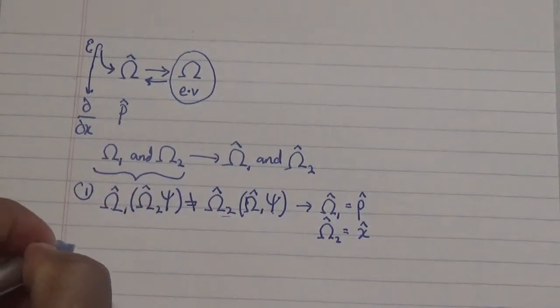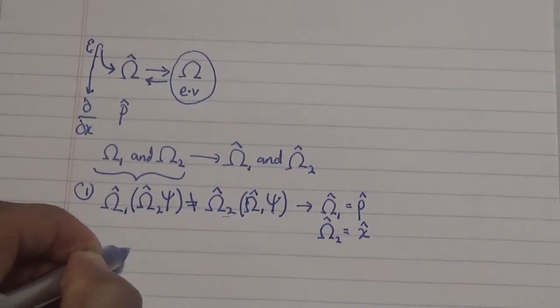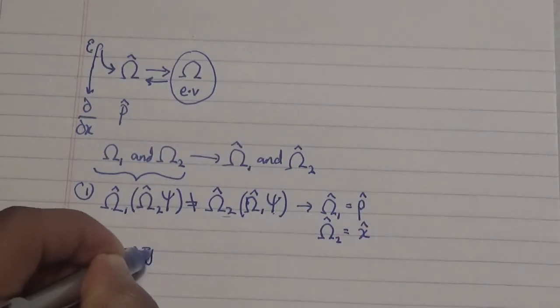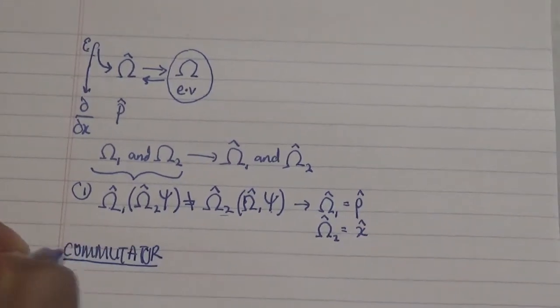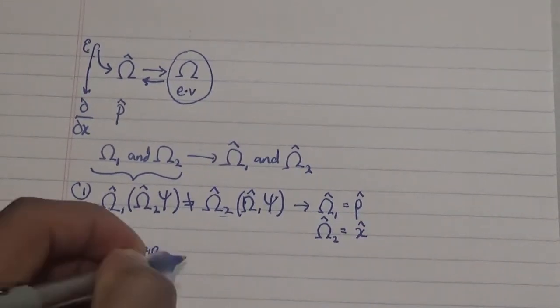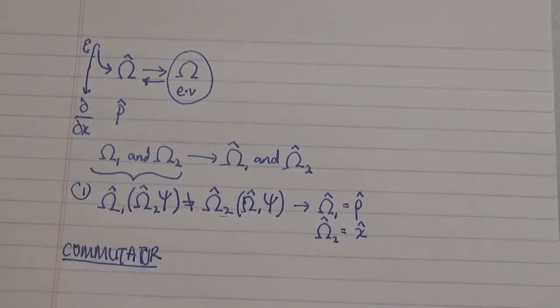Now, in terms of looking at commutators, the commutator of two operators is defined as this particular expression.